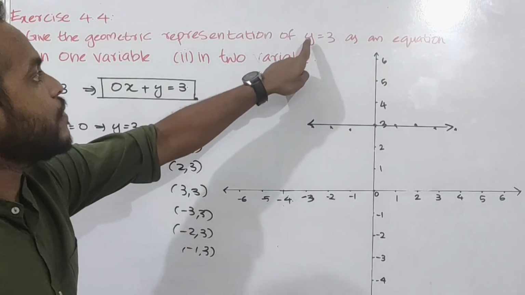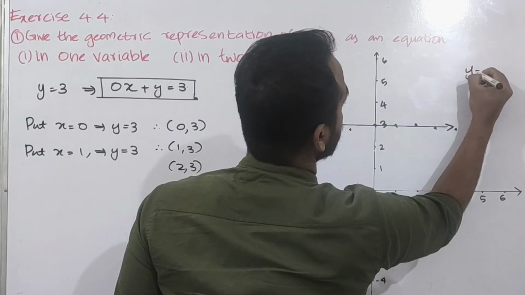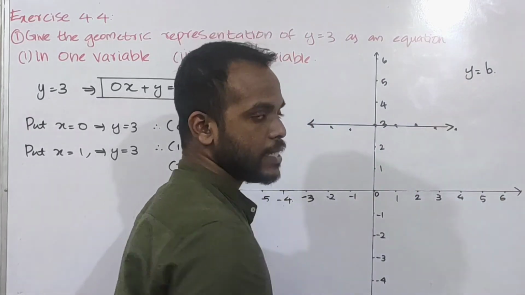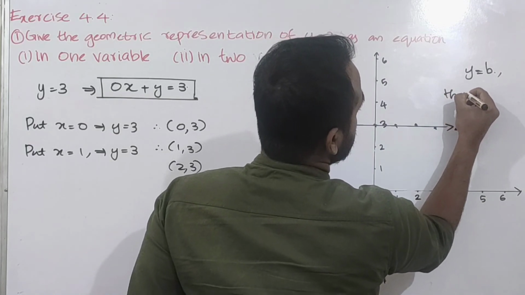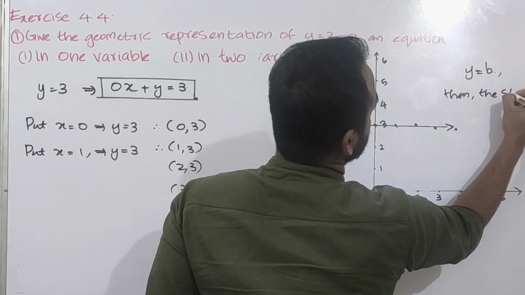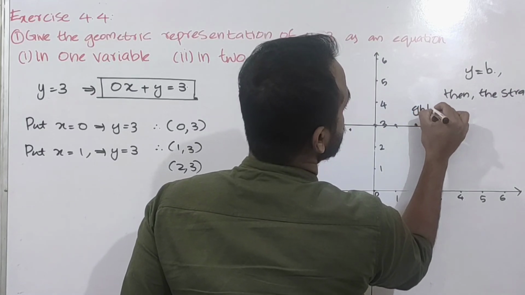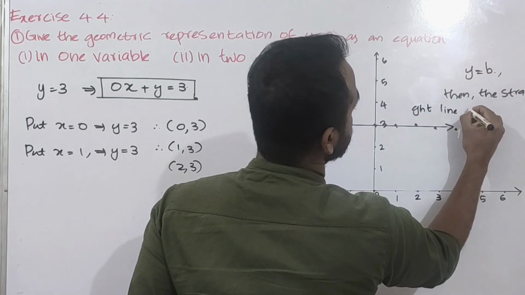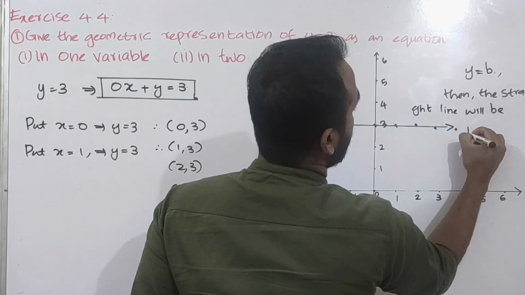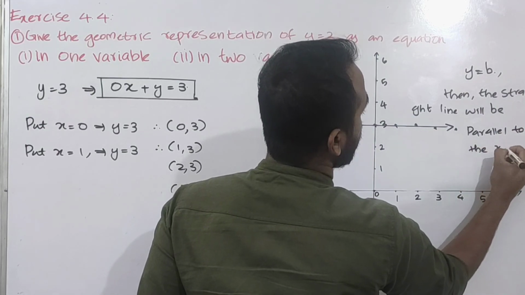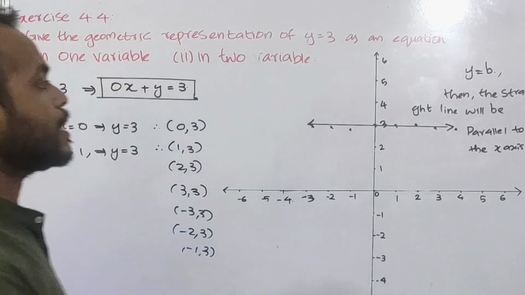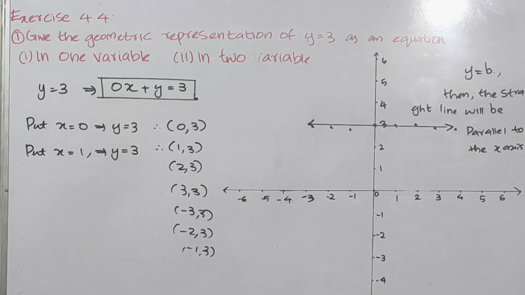So in the general case, if an equation is of the form y is equal to b, where b is a real number, then the straight line corresponding to this equation will be parallel to the x axis.